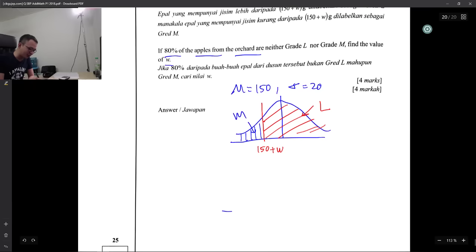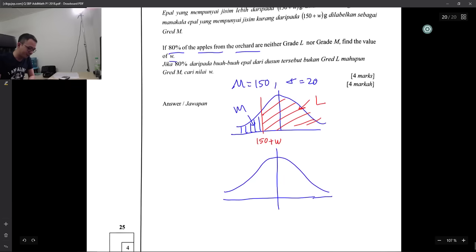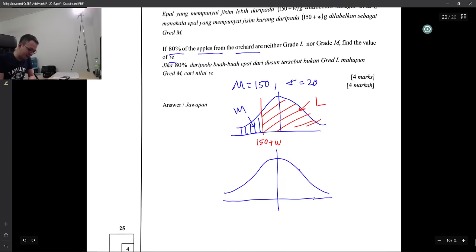I think they are trying to say something like this. Let's say this is K and this is negative K. If you are more than the K value, you get L; less than the negative K value, you get M. None of them means something in the middle, so neither is 0.8 here.